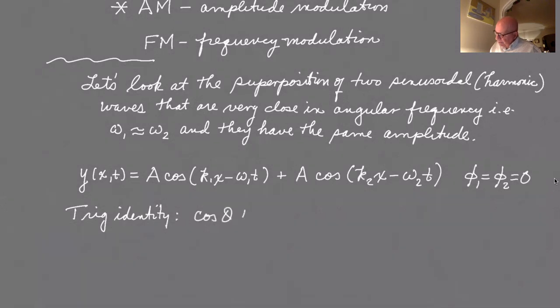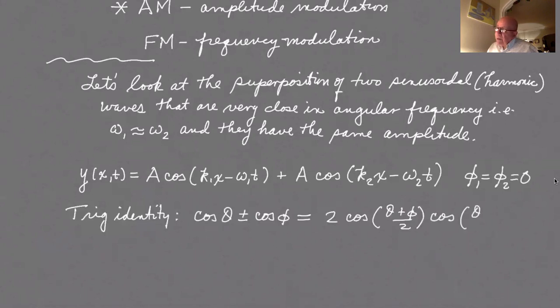Cosine of theta plus or minus cosine of phi is going to be equal to 2 cosine of theta plus phi over 2 times the cosine of theta minus or plus phi over 2. Okay.